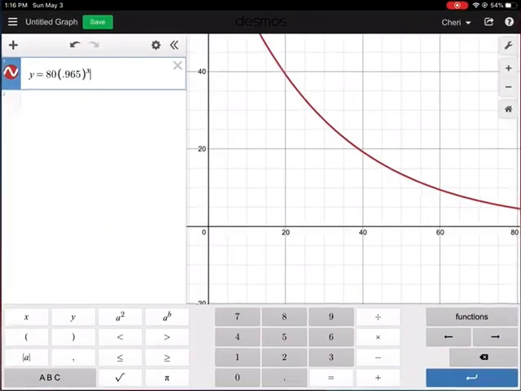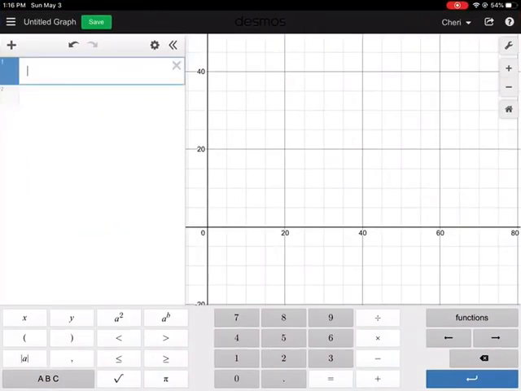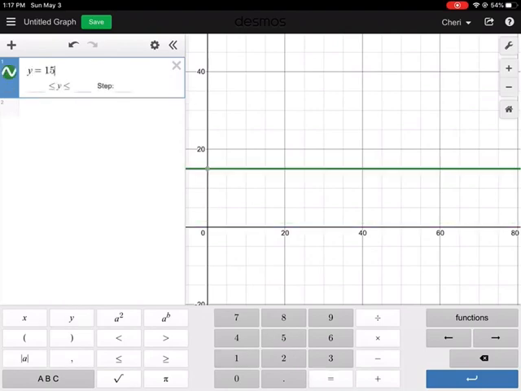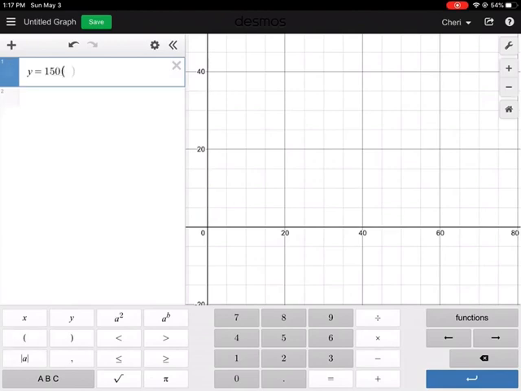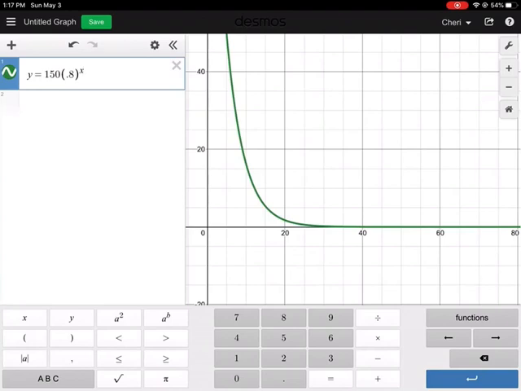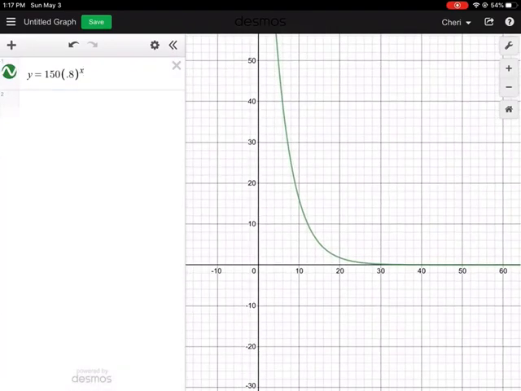where the population would be about 30. So if we go back into Desmos, let's clear that one out. So it was y equals 150 times 0.8 to the x. We're not going to see it right away because of the y-intercept being 150. Now we can see this.